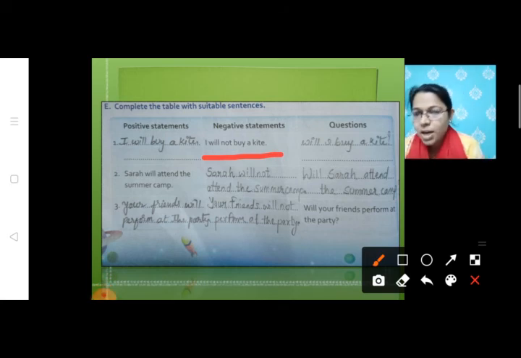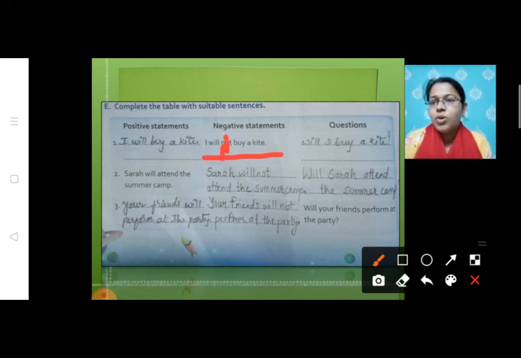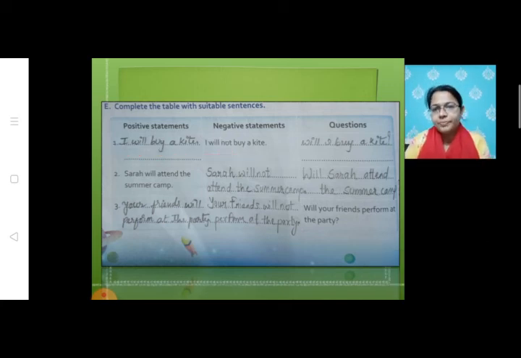So when we make a positive sentence, we are going to remove not. That means when we make a positive sentence, we will write, I will buy a kite.